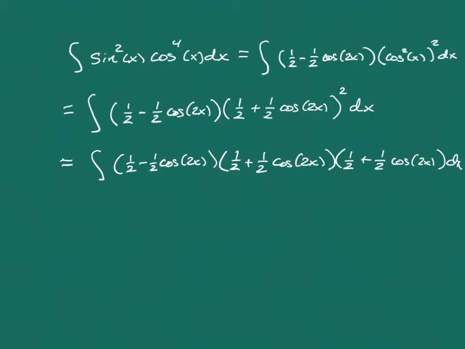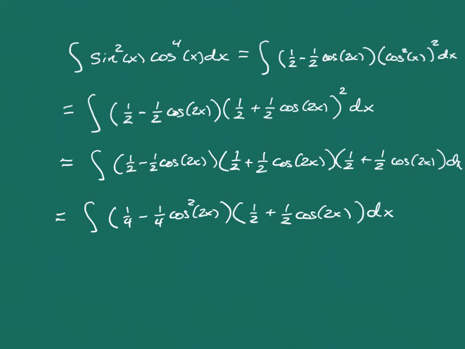Now, this gives us a difference of squares in the first two, so those are easy to multiply together. So that's just going to give us a 1/4 minus 1/4 cosine squared of 2x times a 1/2 plus 1/2 cosine of 2x dx, which we can then just multiply out.